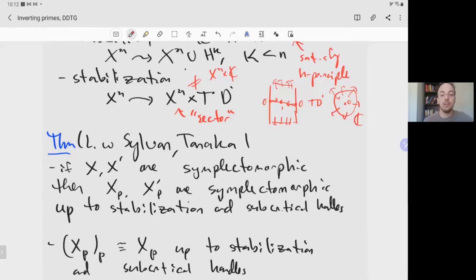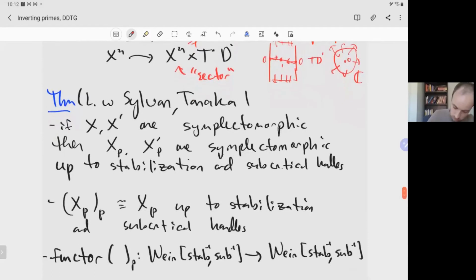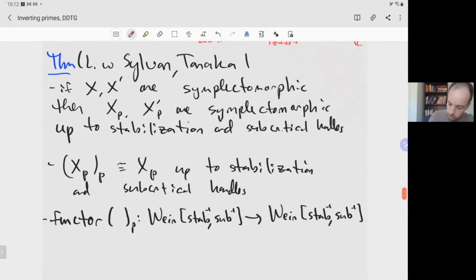Let me say one simple thing. One thing that happens when you stabilize is that Lagrangians become disjoint. Well, let me first say we also have a functor from some kind of category of Weinstein domains up to stabilization and subcriticals, analogous to the functor from spaces to spaces.